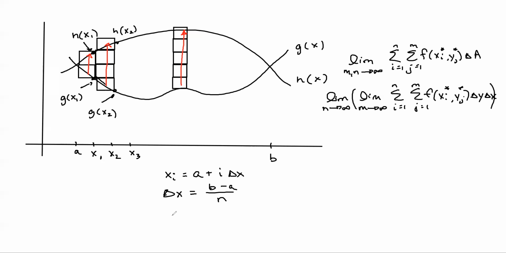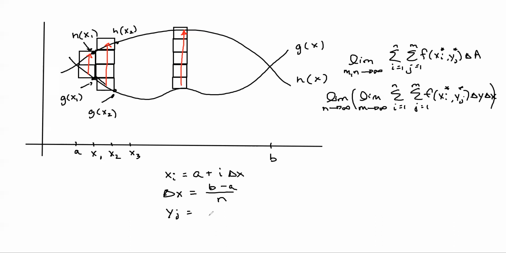But where it gets cool, or where it gets interesting, is going through and defining y sub j. So what did we do for y sub j? What we did is, when we plugged in x1, we started at g of that x value and went to h of that x value.